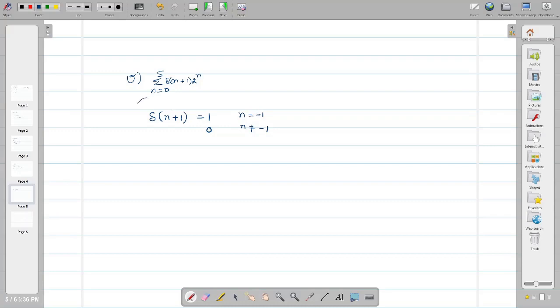It means this expression is defined only for n equal to minus 1. But unfortunately, we do not have that in the limit here. We have the limit from 0 to 5. So this expression is not defined for n equal to minus 1, and the sum is going to be 0.